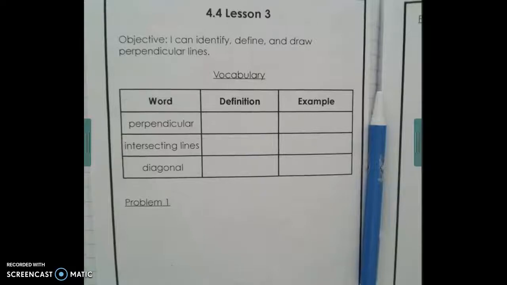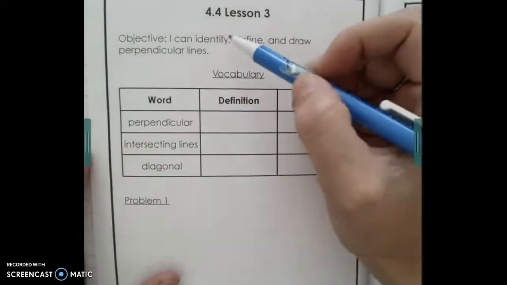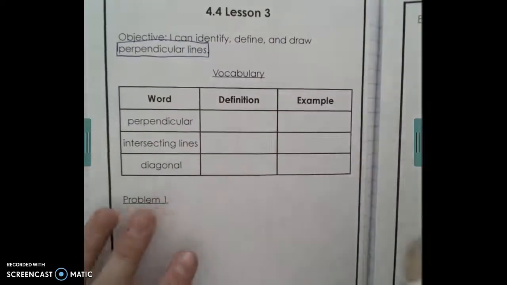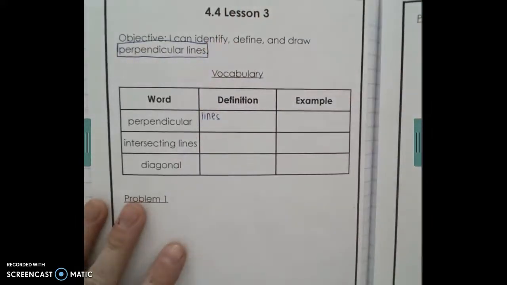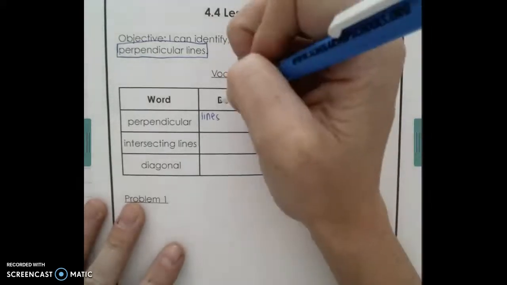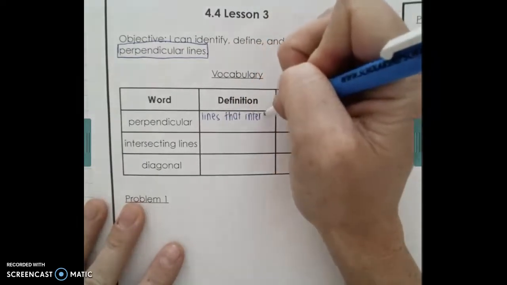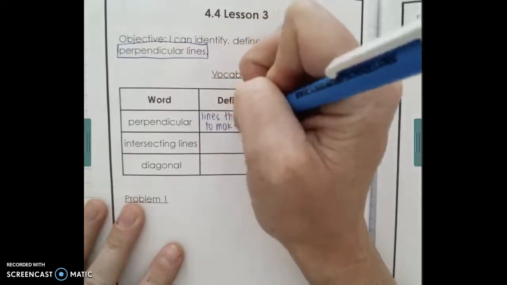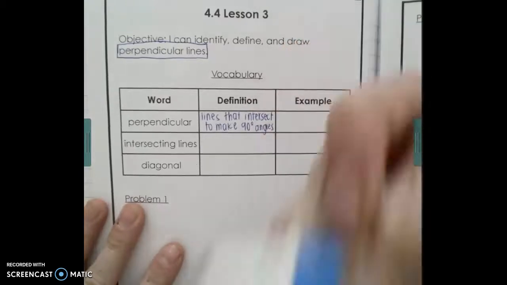All right, we're on 4.3 or 4.4 lesson 3, and today we are talking about I can identify, define, and draw perpendicular lines. Okay, so perpendicular is going to be lines that intersect to make 90-degree angles or right angles.